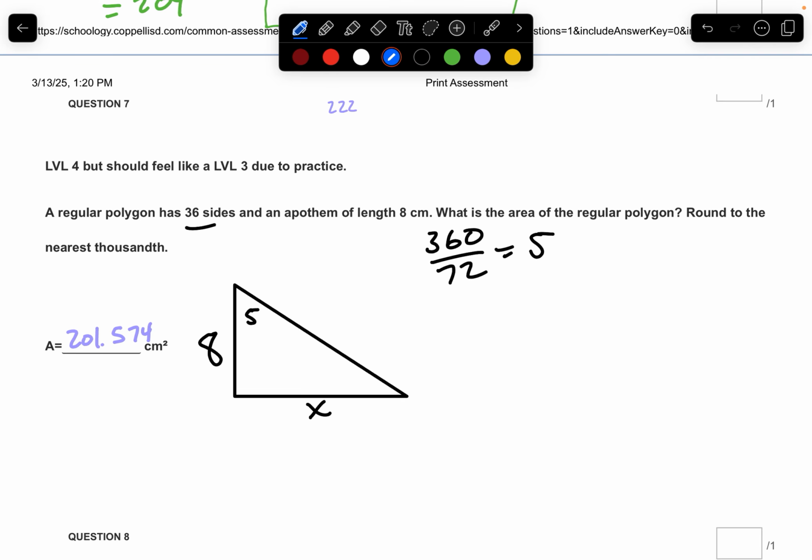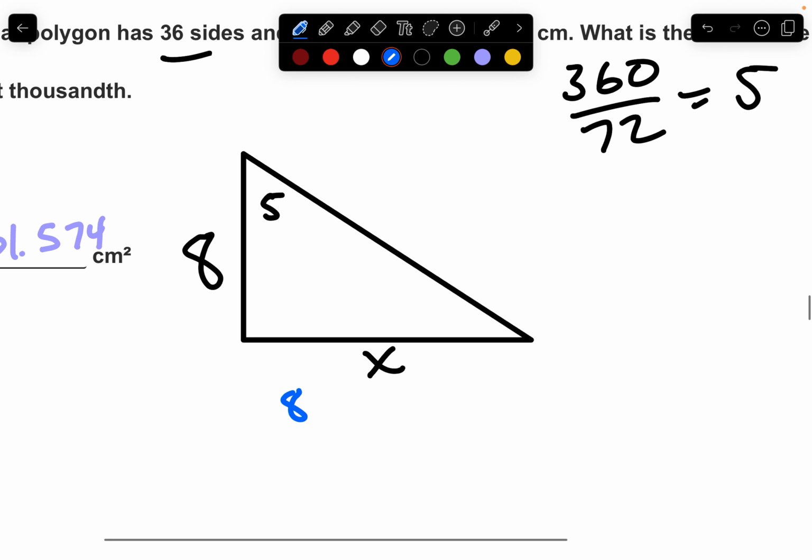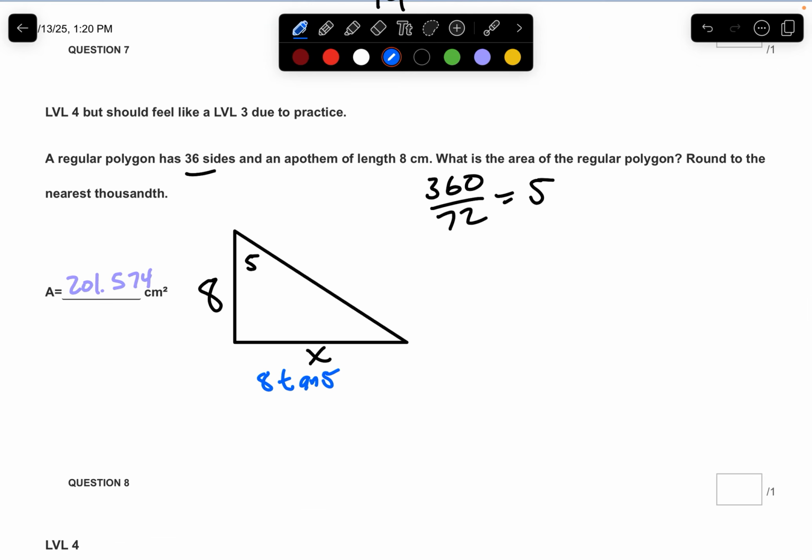You can show your work if you need to, but this is going to be 8 times the tangent of 5. So we could use the formula 1/2 AP, or we could do 1/2 times base times height times 72 of them. And that's what I'm going to do.